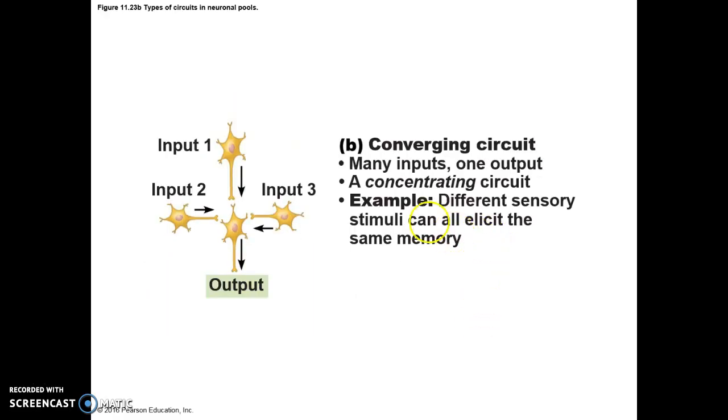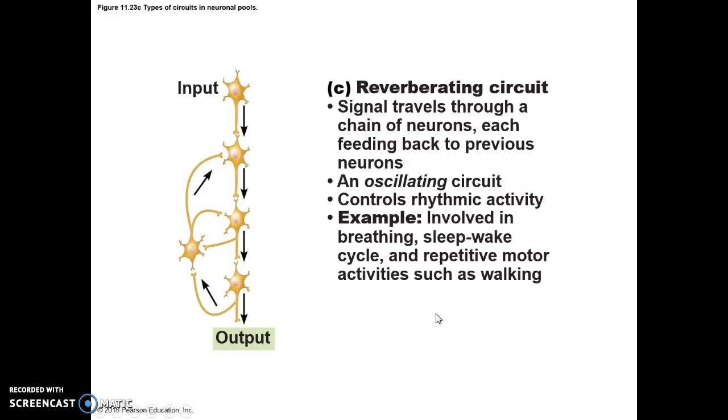The second one is a converging circuit, essentially the opposite, where different sensory stimuli can all elicit the same memory. Here we have different inputs coming to a central neuron, and then this neuron gives the appropriate output. Reverberating: as you can see here, we have an input going and circling, and then it forms this oscillating circuit.